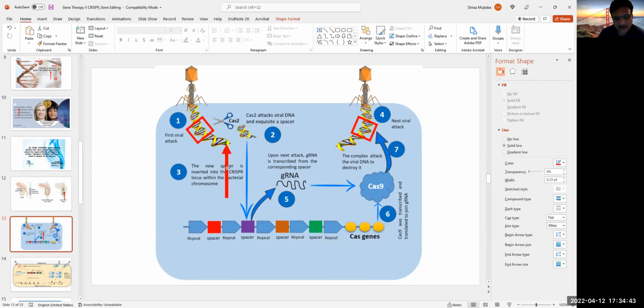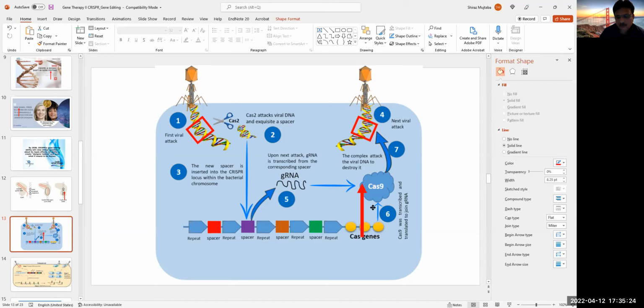So what happened here? This is a bacteria that never met this phage before. The phage infects the bacteria. The bacteria, through Cas2, a bacterial protein, cuts a portion of the phage DNA and then puts it inside its chromosome, called spacers. Now, when the same virus attacks the bacteria, this spacer generates an RNA.